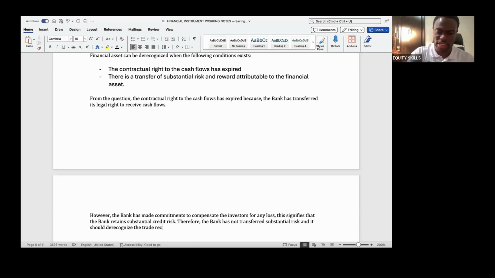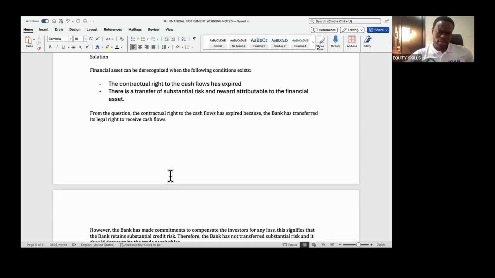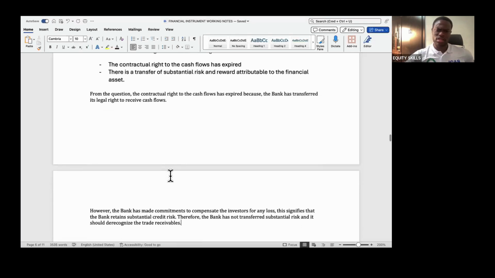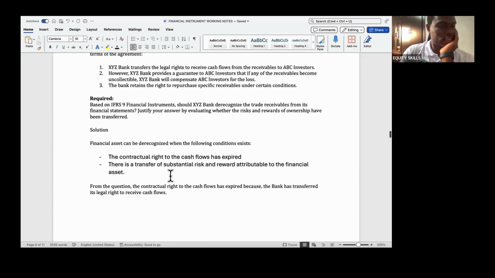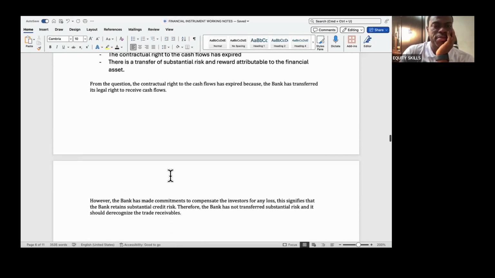So you cannot derecognize it, mainly because he is still retaining risk. So there's no way he can say he wants to derecognize the trade receivables in this case. Okay, and that's the scenario here.